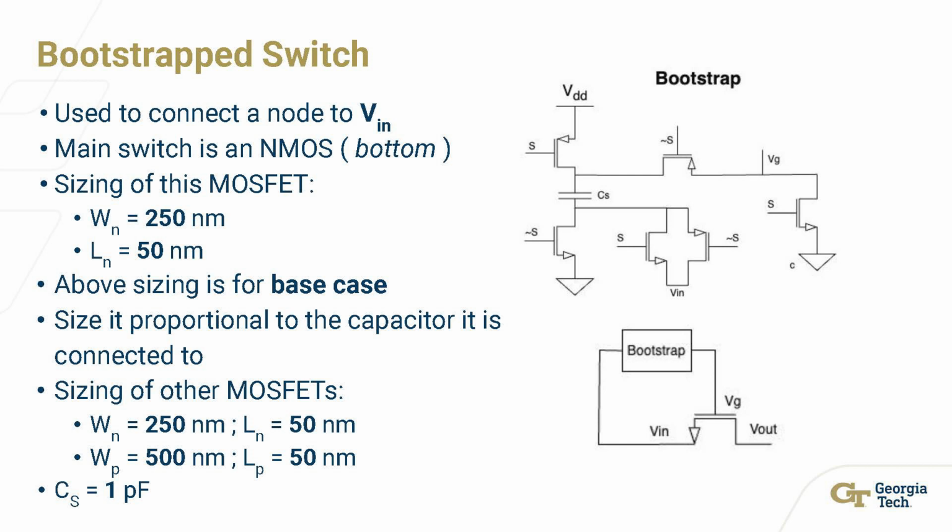The main NMOS in this switch will have a sizing of Wn equal to 250 nanometer and Ln equal to 50 nanometer, and this will scale similar to the capacitor it's being connected to, like in the earlier cases of the transmission switch, PMOS switch and NMOS switch. The other NMOS and PMOS in the bootstrap switch will have a fixed sizing as mentioned, and the sampling capacitor Cs is of 1 picofarad capacitance.